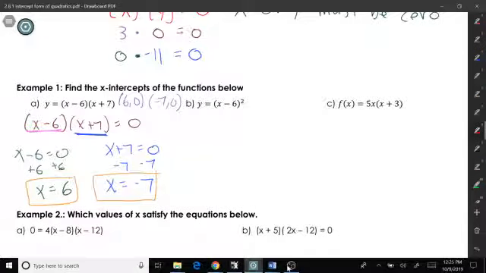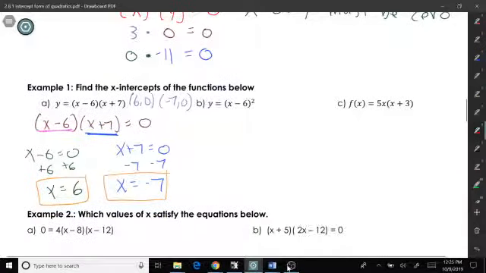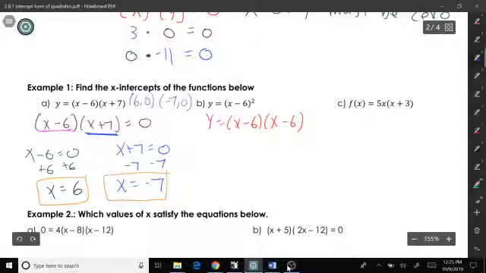Now B, x minus 6 squared is really x minus 6 times x minus 6. It's the same thing. Now, we only have to worry about one of these because these are the exact same thing. So 0 equals x minus 6 times x minus 6.